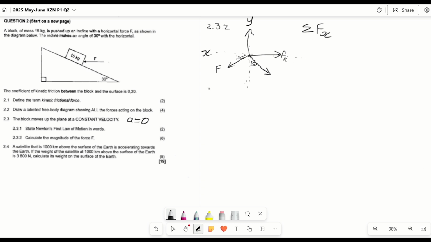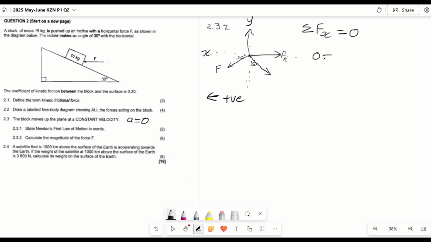So in the x direction, let's take left as positive. Remember, it's moving at a constant velocity in that direction. So ma equals 0.